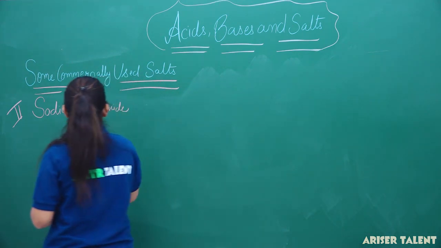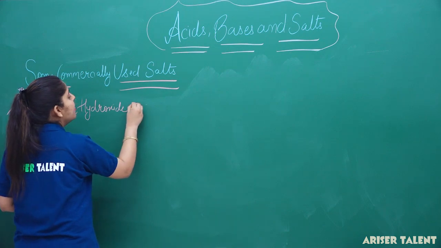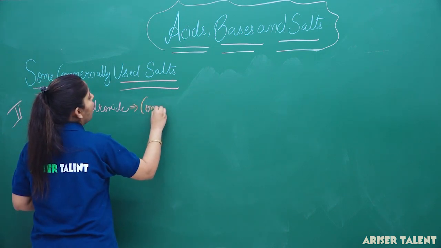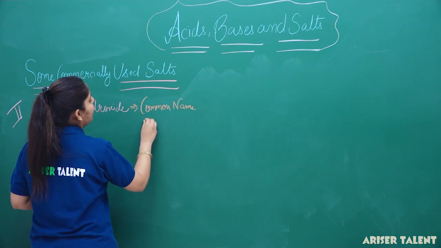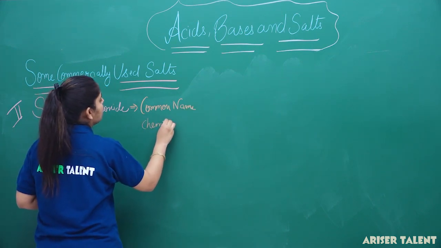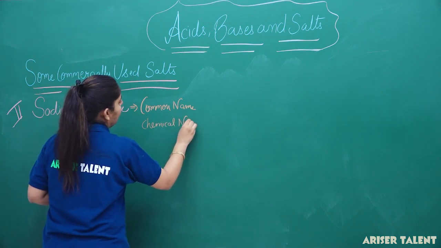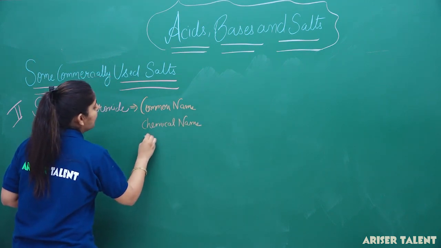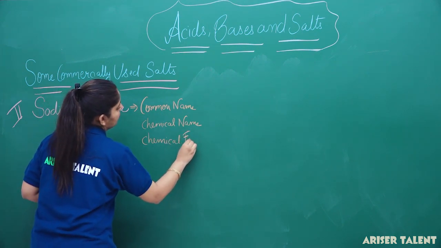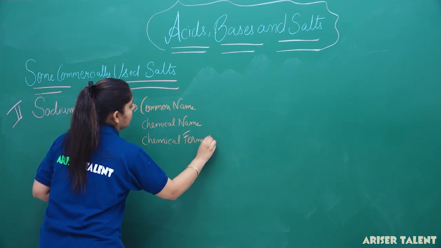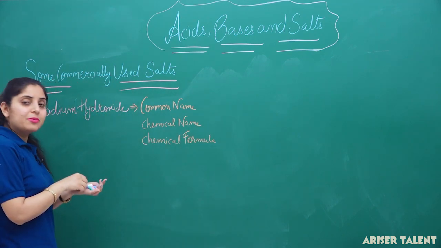So firstly, again I am writing the common descriptions here. Firstly, we will write about the common name. After common name, we have its chemical name. After chemical name, we have its chemical formula. So we have the three descriptions here.